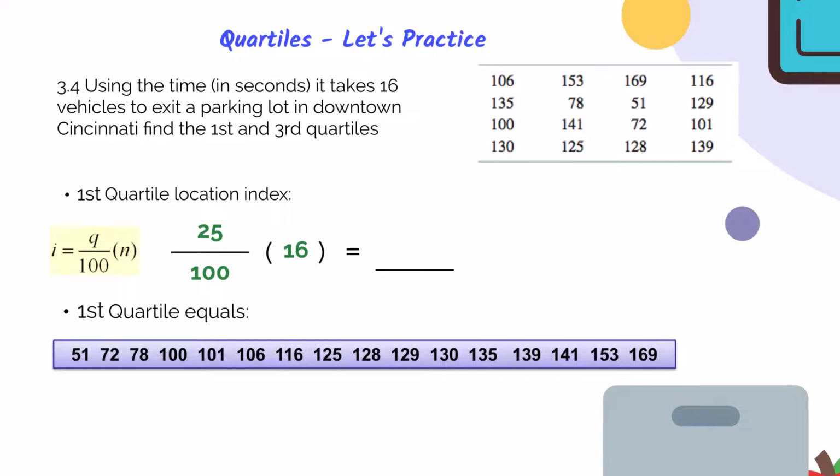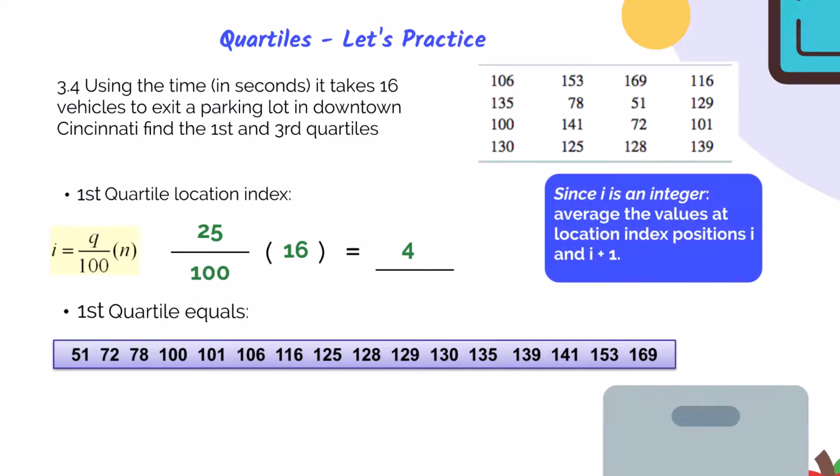We solve for this by taking 25 divided by 100 and then multiplying by 16, and we get 4 for our index. Now recall that when our index is an integer, you're going to find the value at the 4th position and average it with the number to the right. So here are my 4th and 5th positions, which are 100 and 101. So we take the average, so I'll take these two numbers and divide by 2, and my first quartile is 100.5.